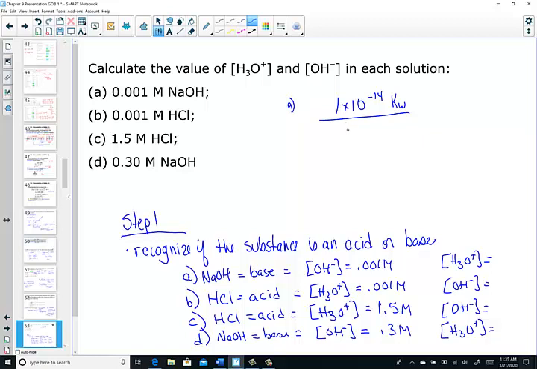So in letter A, when I put 0.001 molar down here, I know that's the base ion, and I'll find hydronium. In letter B, you'll have the exact same calculation. It's the same number, but it's going to represent the base ion. So here, since this was Kw and this was the acid ion, you're solving for the base ion.